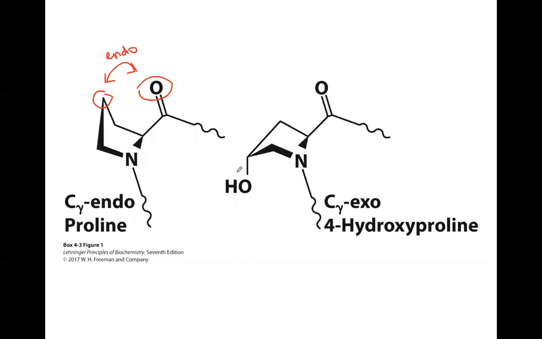If you put a hydroxy group here, it changes the pucker, basically changing the orientation of the 5-membered nitrogen-containing ring. Now this carbon and this carbonyl are away from each other, and that's known as an exo conformation. So the hydroxy group is crucially important.